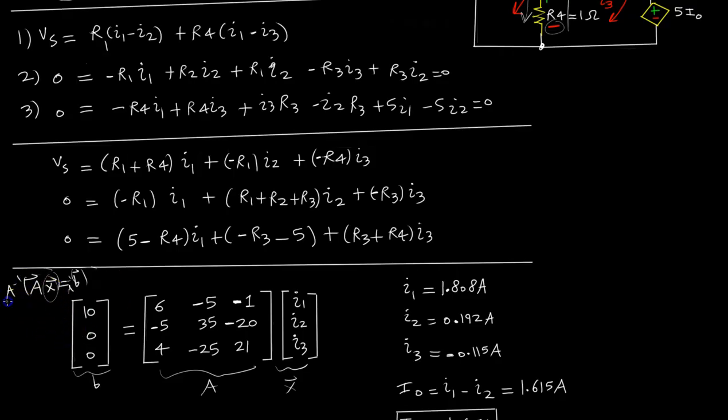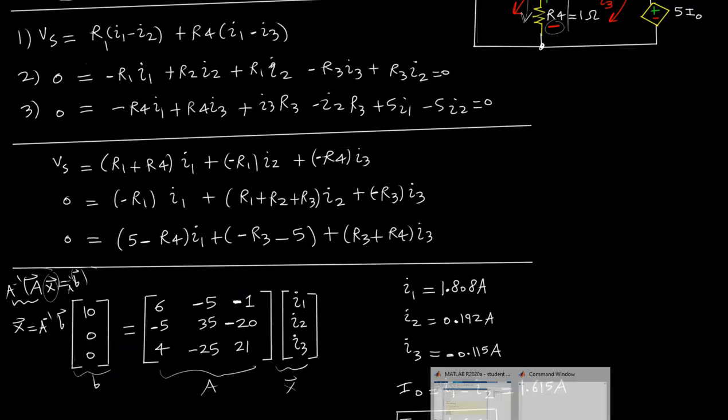So A inverse times A would give you the identity matrix, which is just diagonal ones, so you can ignore that, and the X vector is equal to A inverse times B. So my X, which is the currents, would just be the inverse of A multiplied by B here.